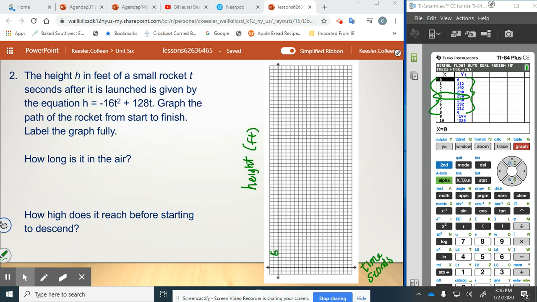So 20, 40, 60, 80, 100, 120, 140, 160, 180, 200, 220.